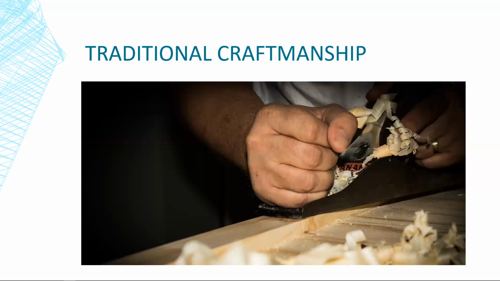For example, Thatcher, such as Margaret Thatcher. But the name Thatcher itself means a roof maker, someone who makes roofs or who fixes fishing nets. That's what they're called, Thatcher.